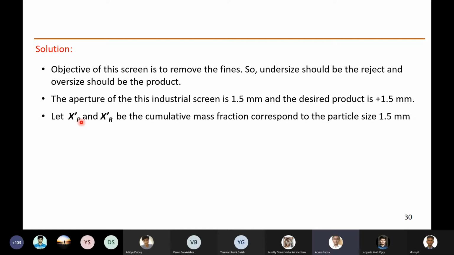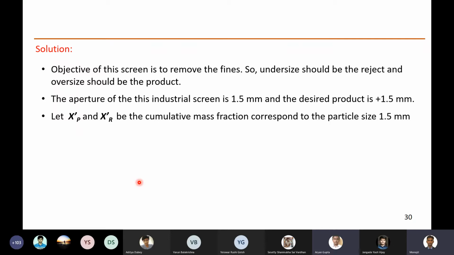Yes. So then that part in the question where it was written 75%. 75% is with respect to feed, and xp dash and xr dash we are defining as the cumulative mass fraction corresponding to the particle size 1.5 millimeter in the product stream and in the reject stream. P stands for product and R stands for reject, and 75% is for the feed stream.